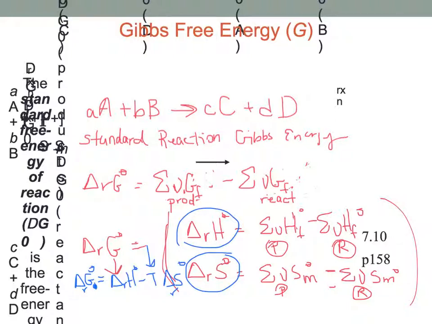Standard reaction Gibbs energy can be found by either using the first equation I showed you right here, by simply plugging in the value of the Gibbs energies of formation for each individual product and reactant.